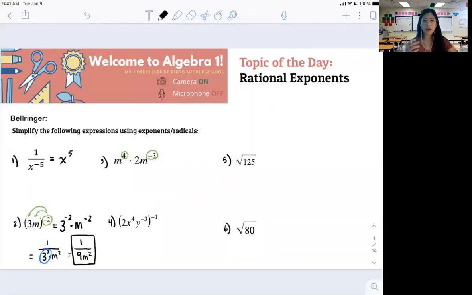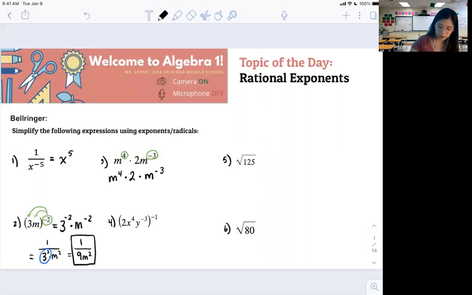Remember that what is holding the 2 and the m together? Multiplication, right? So I'm just going to rewrite this m to the power of 4 times 2 times m to the power of negative 3. And we know that with multiplication, you can kind of move things around. It's called the commutative property. I can move things around in a different order.